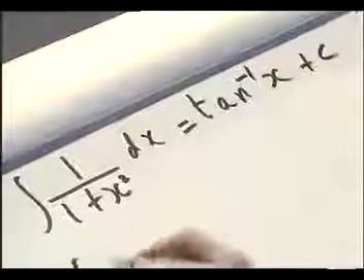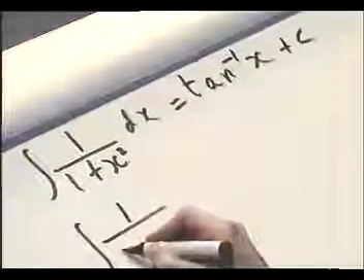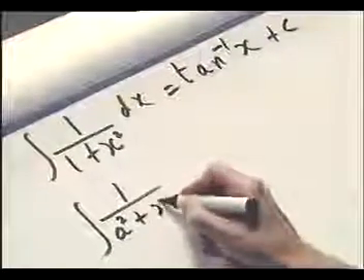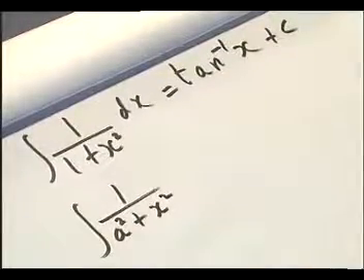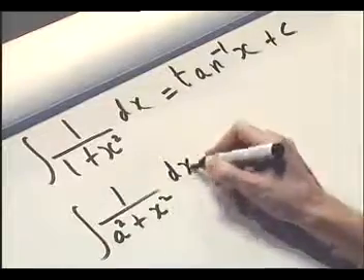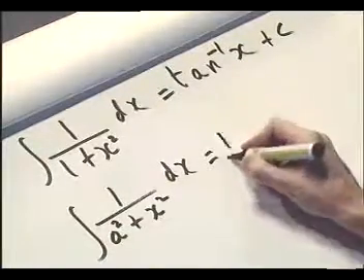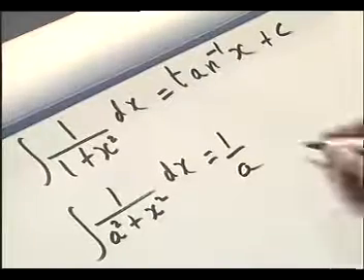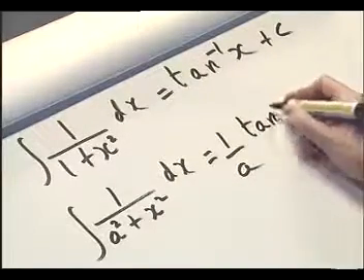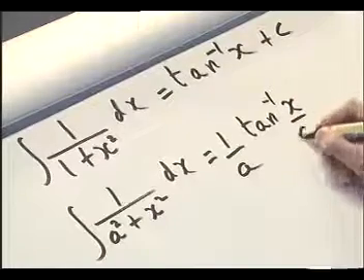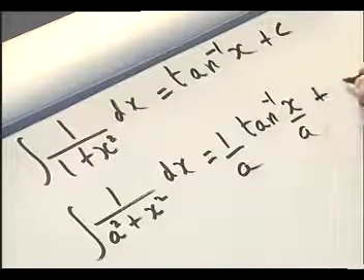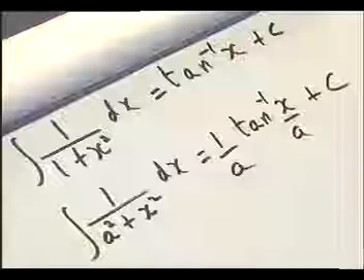And in the same way as we had an a squared in there, let's put one in now in this one, 1 over a squared plus x squared dx. What do we get? This one, standard result: 1 over a, tan to the minus 1 of x over a, plus a constant of integration, c.